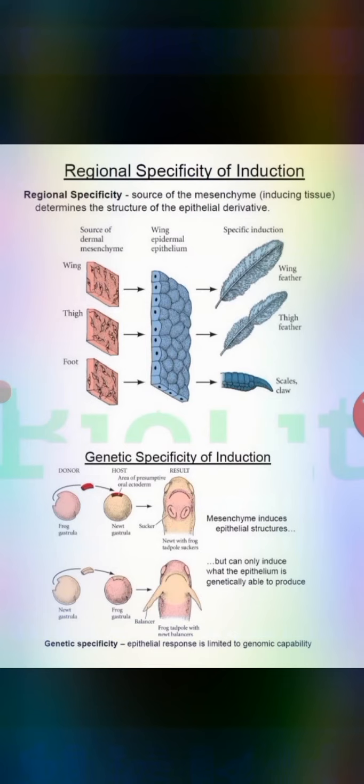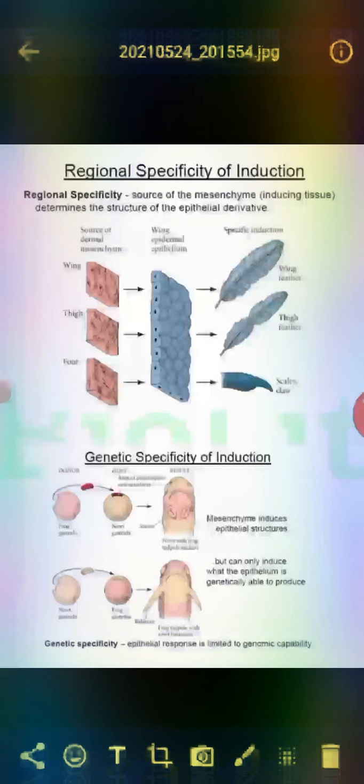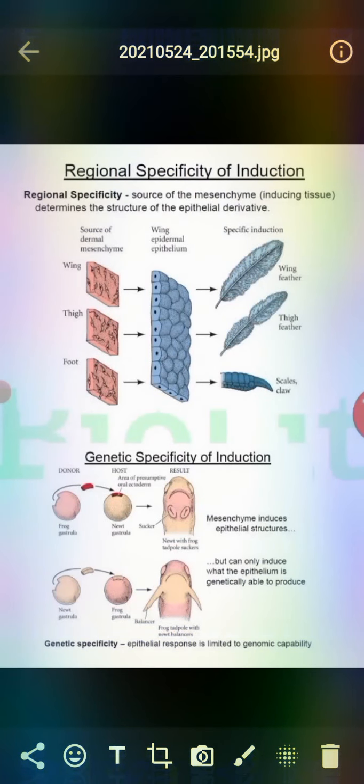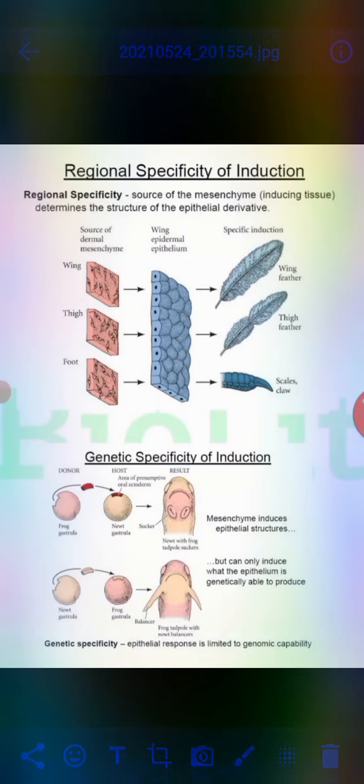So we can say that the chick epidermis secretes certain proteins that signal the underlying dermal cells to form condensations. The epidermis is capable of secreting certain proteins, the signal sent towards the dermis, and they form condensed dermal mesenchyme.